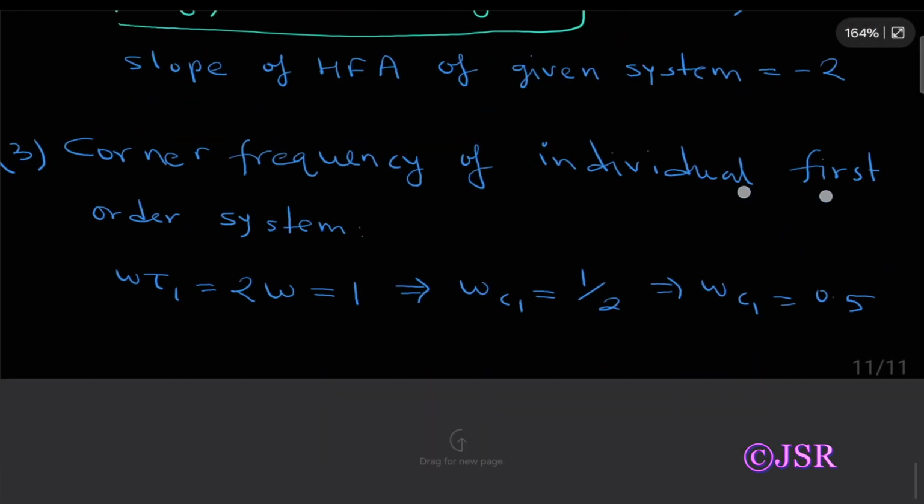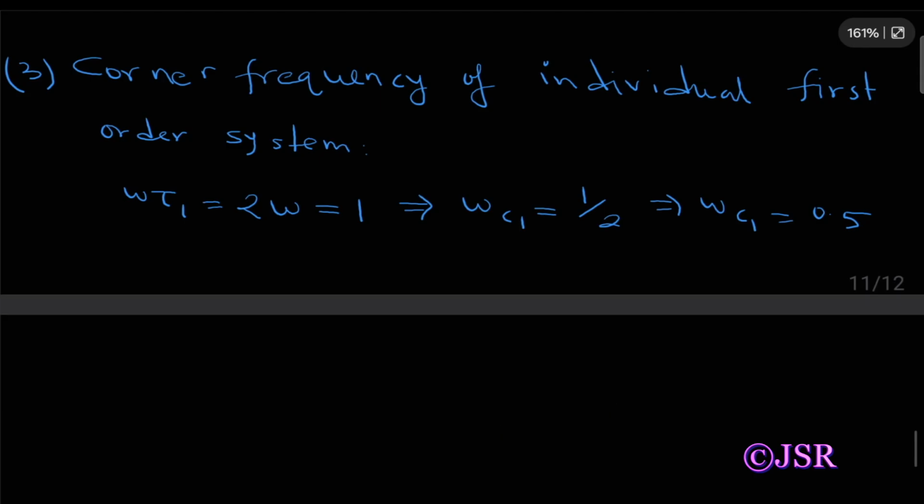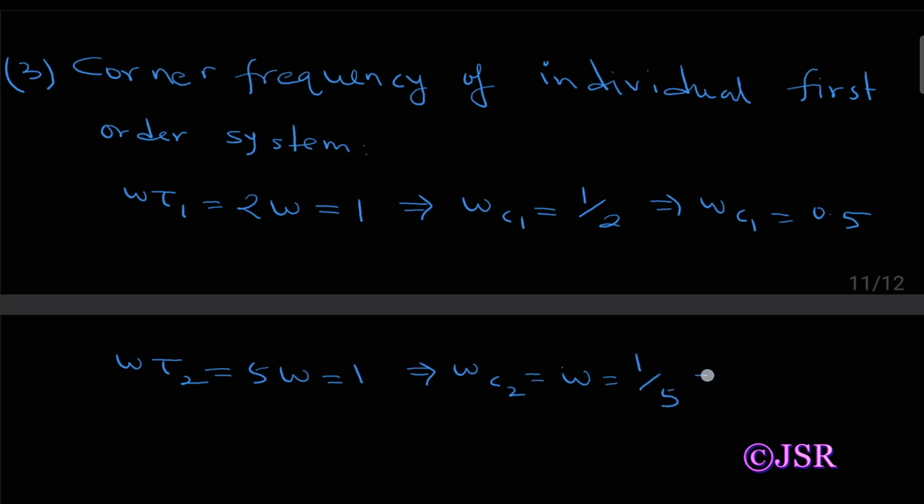So the first corner frequency is 0.5. Similarly, for the second tank, omega tau 2, that is 5 omega, equal to 1. So here omega C2 will be equal to 1 by 5. Therefore omega C2 will be equal to 0.2.